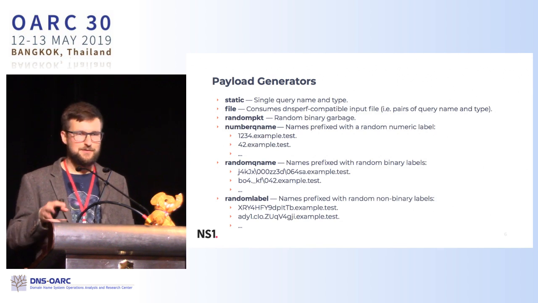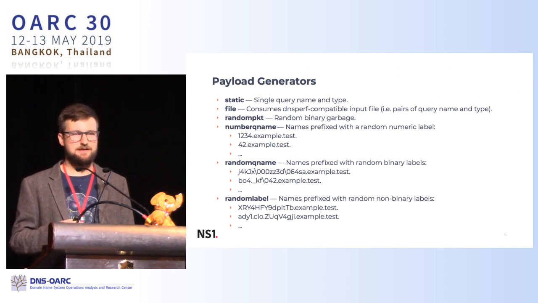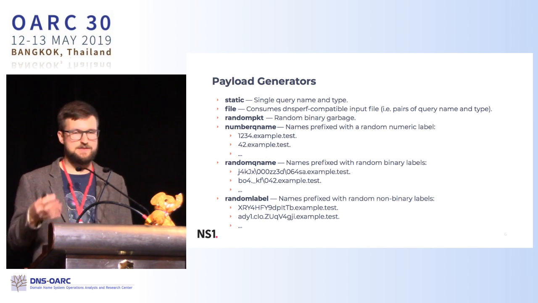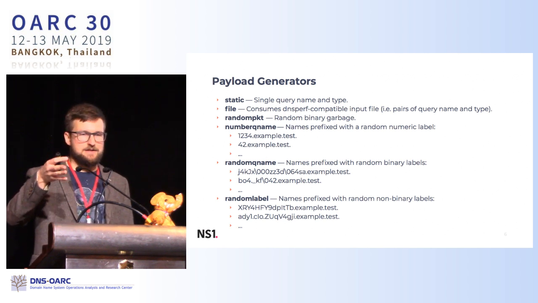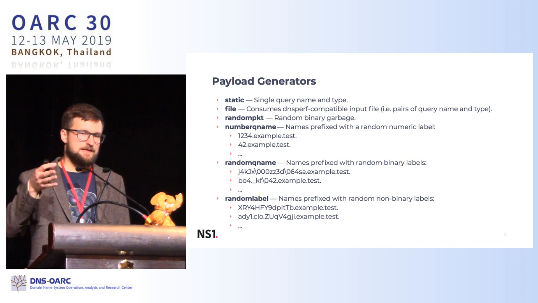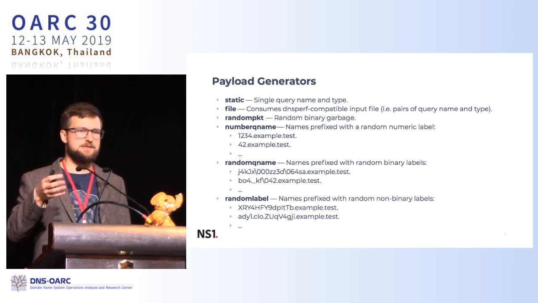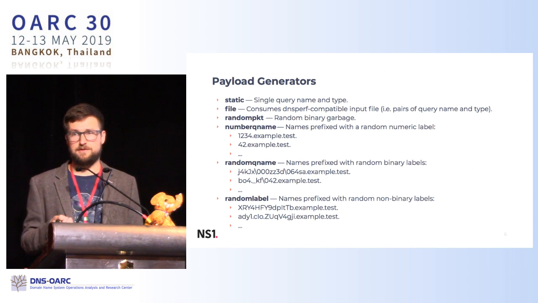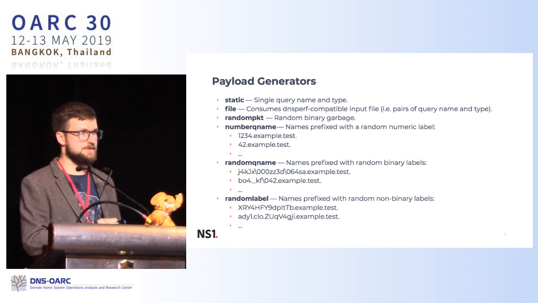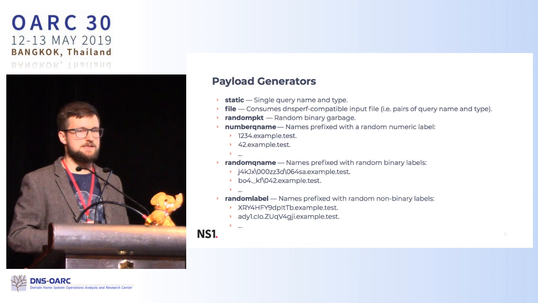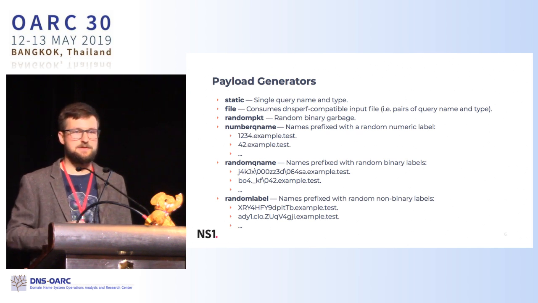Then there's a group of payload generators that include some randomness. Random packet is one of these generators, and this actually doesn't generate valid DNS queries. It generates just random binary garbage and sends it to the server. We found this really useful, not just during development of the server, but for instance, when validating our own network monitoring tools.